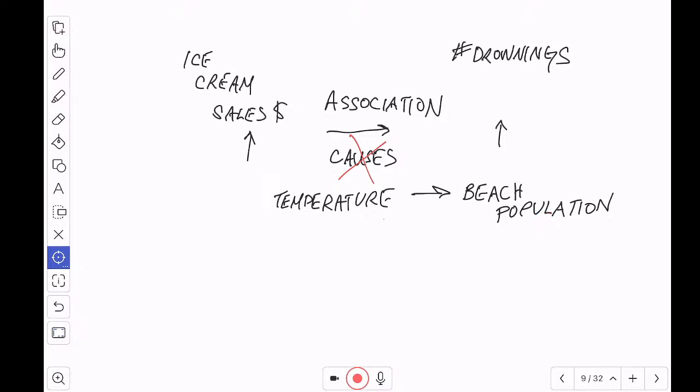People want to be out on the beach when it's hot. And so the hotter it is, they're going to be on the beach. So there's going to be more people on the beach. So there's more ice cream sales and more drownings. That's probably what's causing this one to go up and this one to go up at the same time. Okay, so if there's any kind of causal effect, it's behind what's going on here.